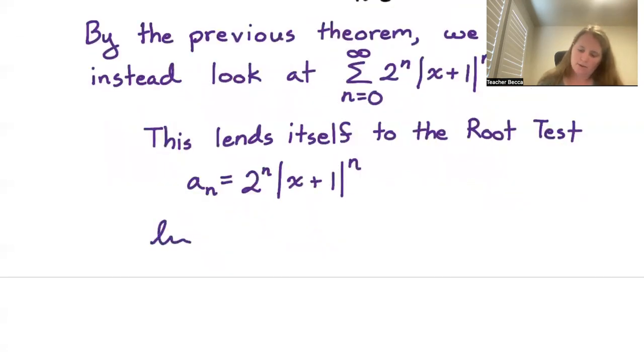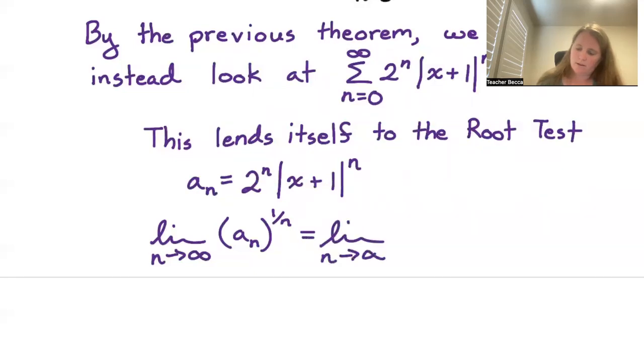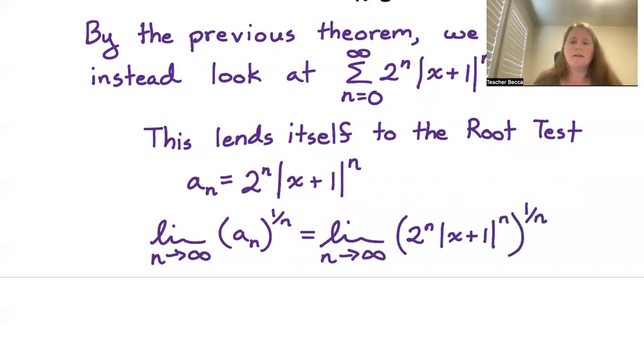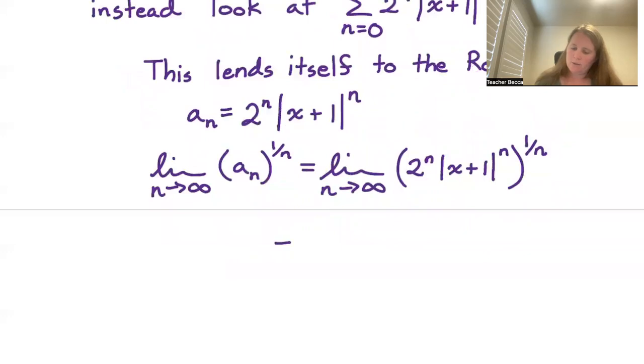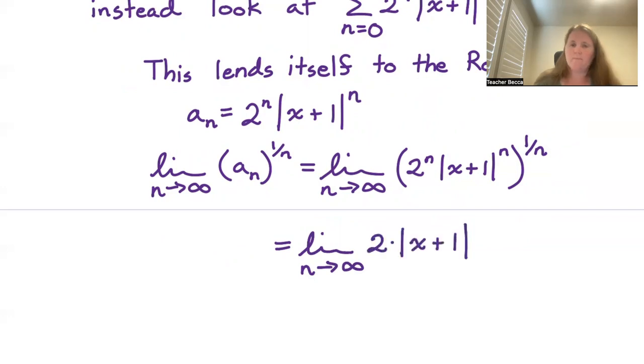The root test says we should look at the limit as n goes to infinity of a sub n to the 1 over n. So we're looking at the limit as n goes to infinity of 2 to the n times the absolute value of x plus 1 raised to the n, that whole thing raised to the 1 over n. This simplifies nicely just to the limit as n goes to infinity of 2 times the absolute value of x plus 1.